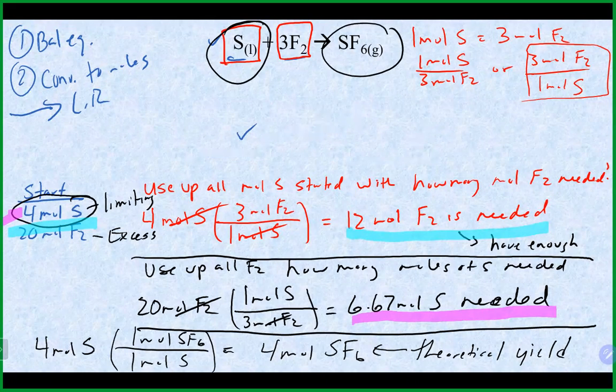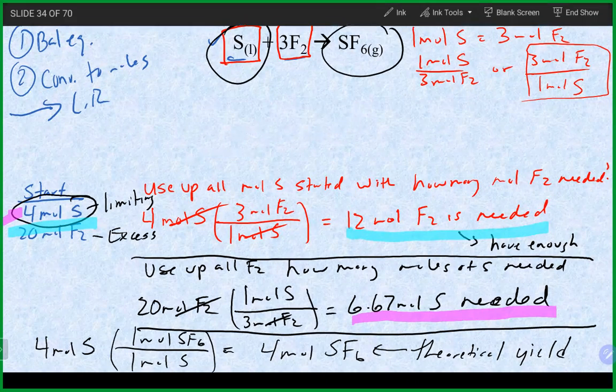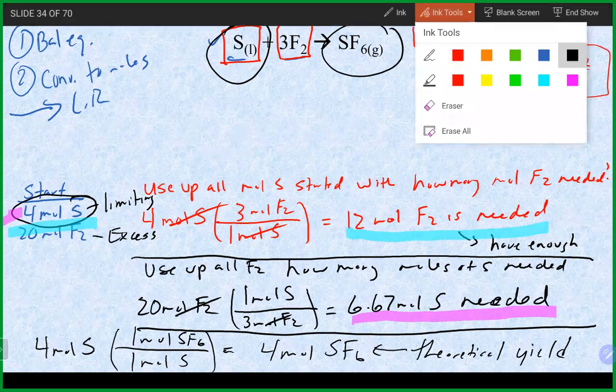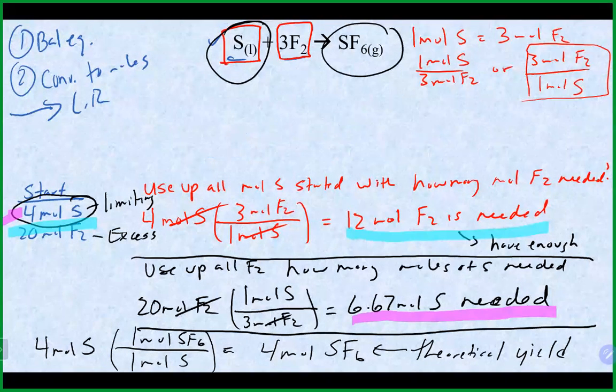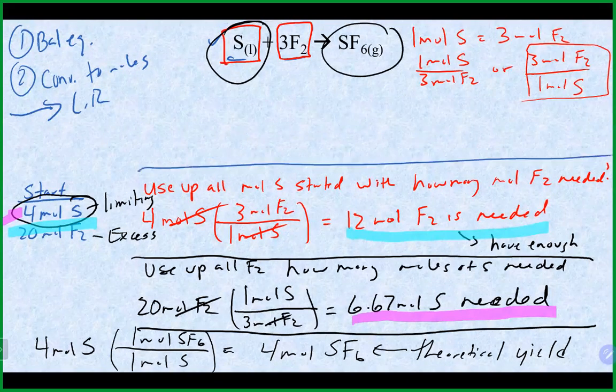Just to finish up here, one last thing that you could also do, which is a common question in this type of calculation, is how much of our excess reagent is left over. So if I wanted to know how much of my excess reagent is left over, I could do that based off of my calculation I used to figure out which one's the limiting reagent.